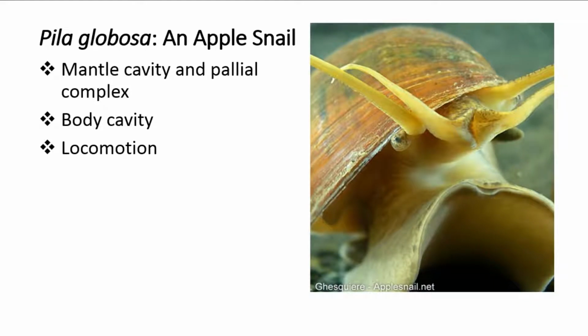Behind the first pair of tentacles, longer tentacles are there. We call them the second tentacles. The first pair of tentacles we can also call labial tentacles. They test the food, that is why they are called labial tentacles.